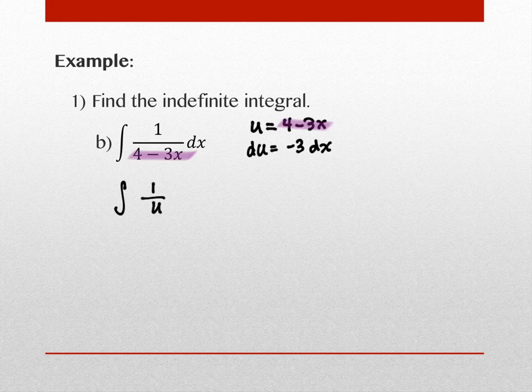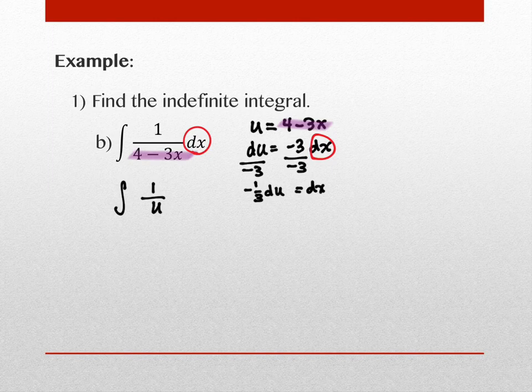But the dx piece at the end needs to be replaced by what dx is equal to. Well, this equation is not solved for dx, it's solved for du. But if I divide by -3, which is multiplying by -1/3, I will have a replacement. So I'm going to jot that down very concretely on this first one. This is -1/3 du.